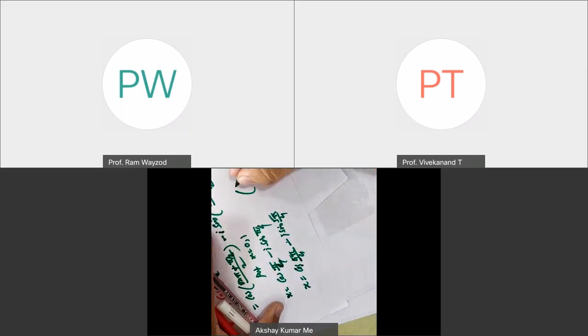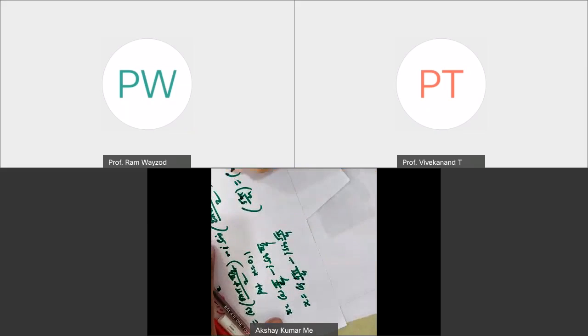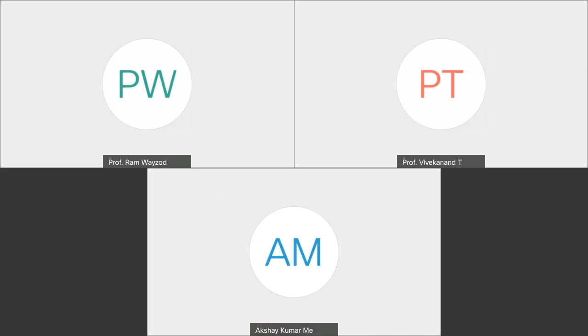Now pi by 4 can be written as 3 pi by 4. So next step.